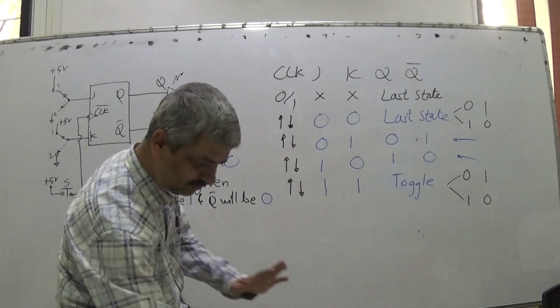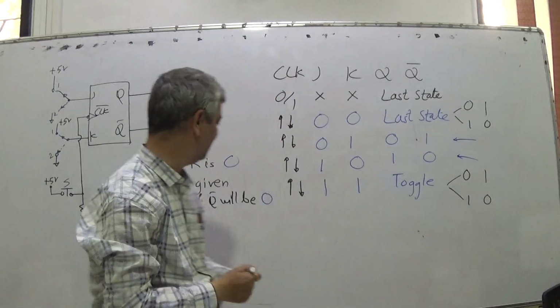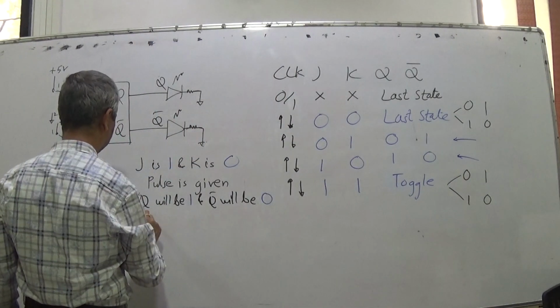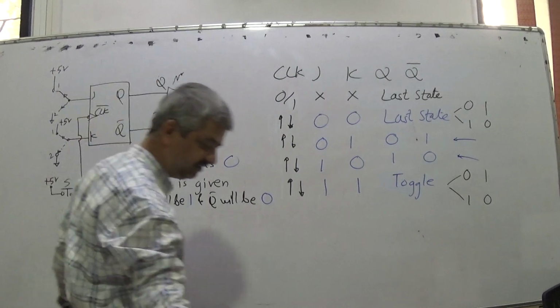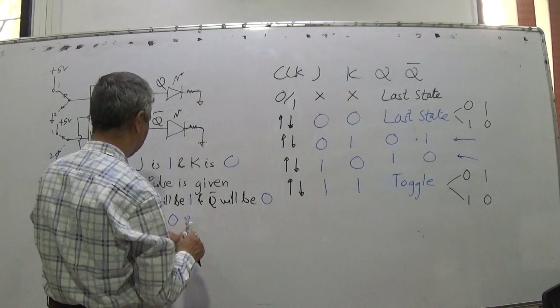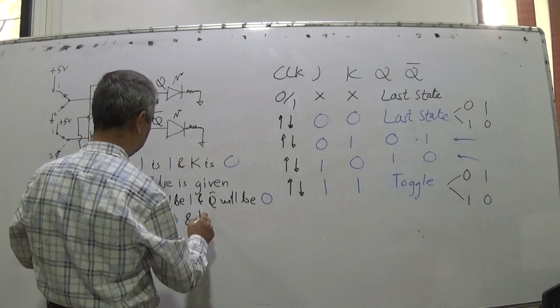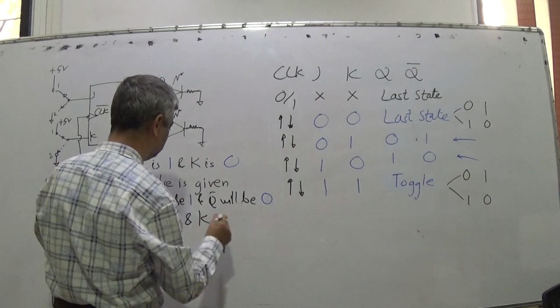Now J is set by you, K is set by you. Now if you set, you can check it. J is 0 and K is 0.